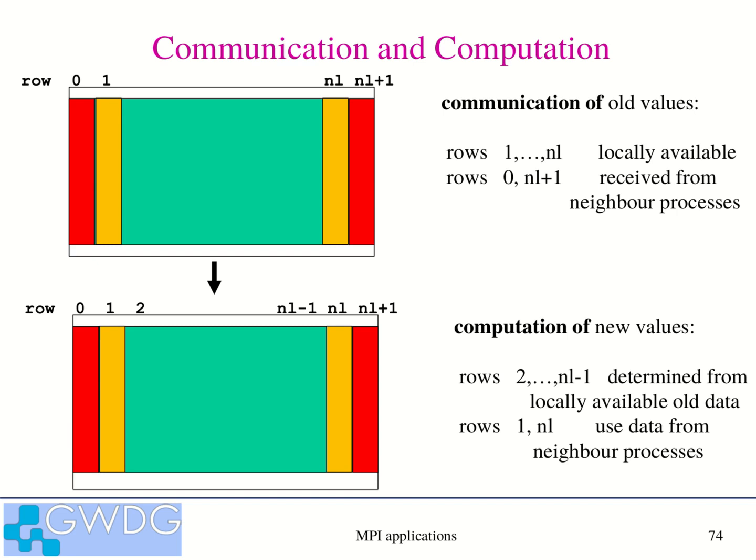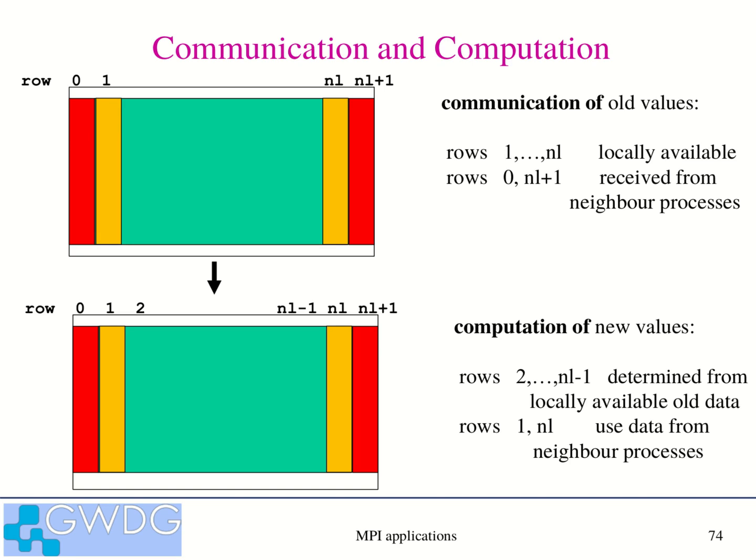The upper and lower boundaries are fixed boundaries because these are the original boundaries, and I have only neighboring processes containing neighboring domains, which also reach from the bottom to the top.